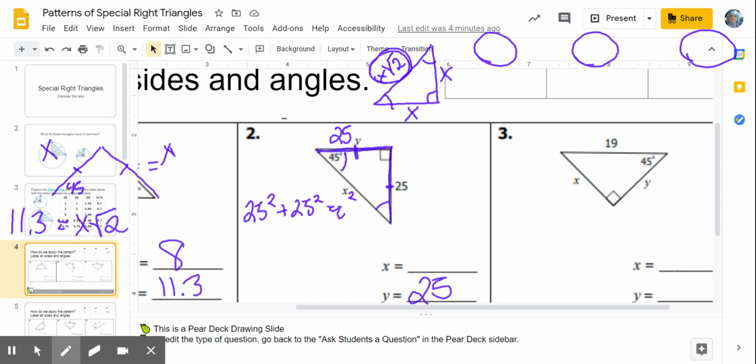Anybody get c? 35.35. What is 25 times the square root of 2?